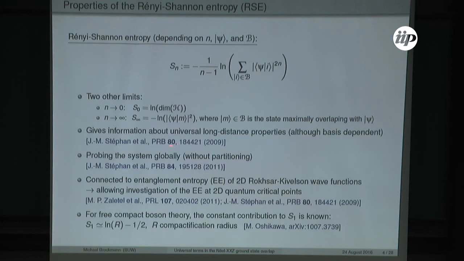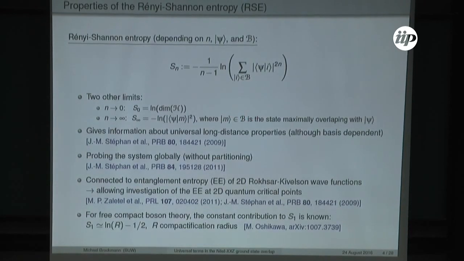For the basis, we usually choose the local spin basis. From this, in particular from S infinity, you get universal long distance properties of your chain, and it also probes the system globally.